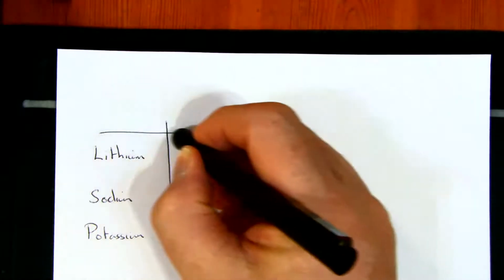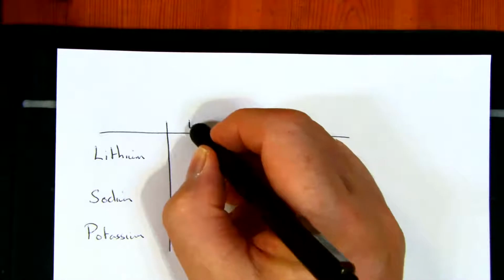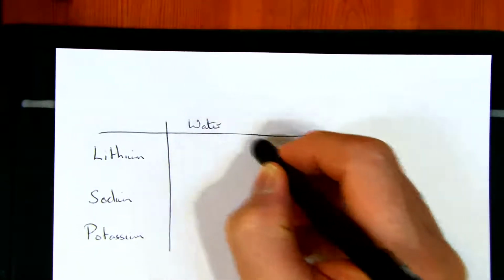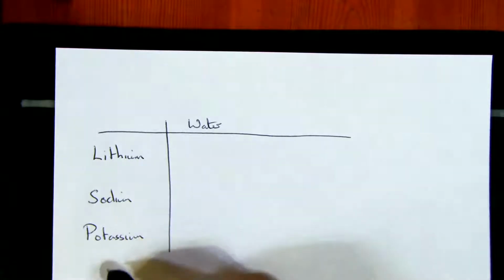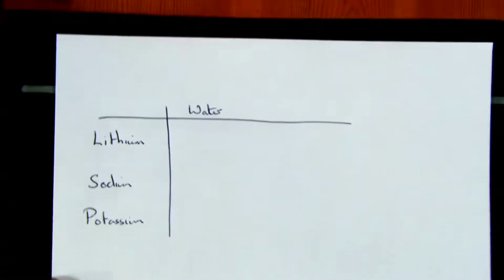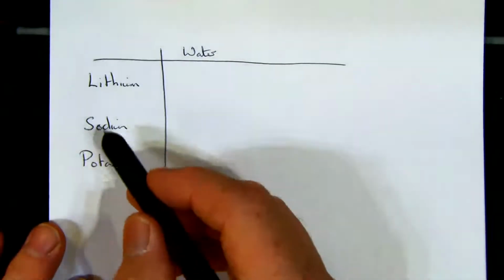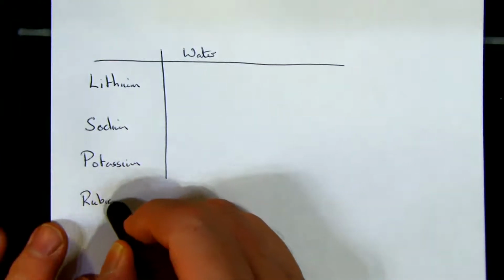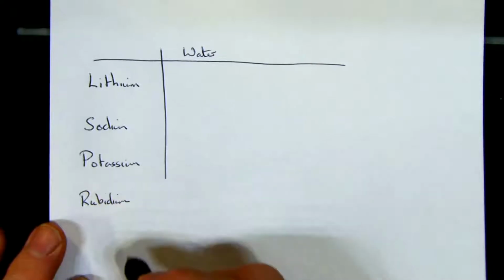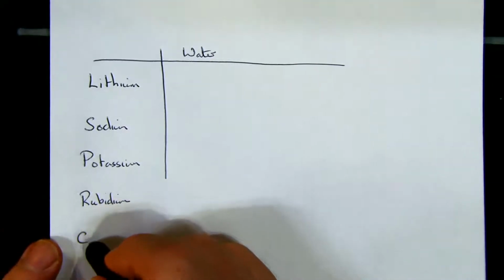And what we're going to do is have a look at their reactions with water. We could go on down the periodic table and have a look at other elements, rubidium and cesium.